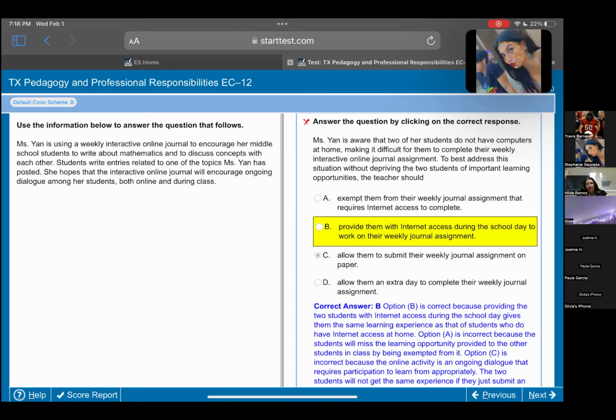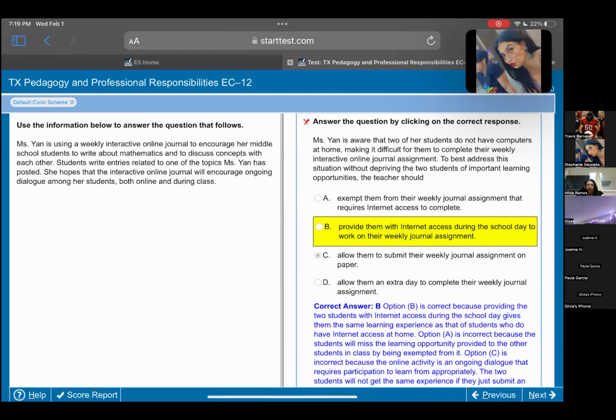So we're looking for, the goal is, how can we make sure that everyone can participate in this wonderful assignment? Exempt them from their weekly journal assignment that requires internet access to complete. Provide them with internet access during the school day to work on their weekly journal assignment. Allow them to submit their weekly journal assignment on paper. Allow them an extra day to complete their weekly journal assignment.